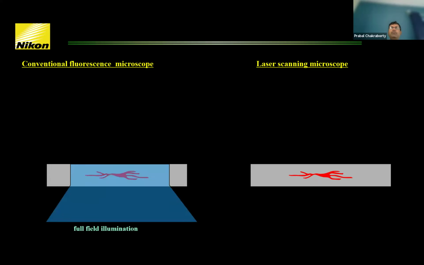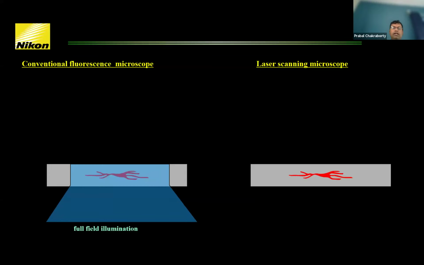As I mentioned, for fluorescence microscopy we use something like mercury illumination or LED illumination. If you see the spot size of the LED light, it is quite big. As a result, if you want to illuminate your sample, since the spot size is quite big, it illuminates a wider area of the sample.